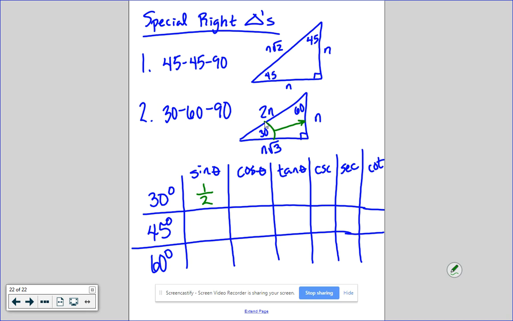We good there? Okay. How about cosine of 30 degrees? Well, if n is the opposite side, then n square root 3 is the adjacent side. So I would do n square root 3 over 2n, and again, the n's would cancel. So what is cosine of 30 going to be?